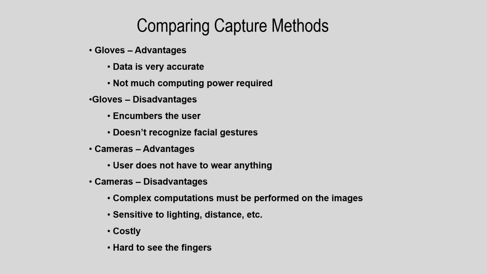That means I am getting a very accurate signal from the data gloves, and not much computing power is required in the case of the glove based system. But the disadvantage is that the user has to wear the gloves, and this glove based system is not available for recognizing facial gestures. So, these are the advantages and the disadvantages of the glove based system.